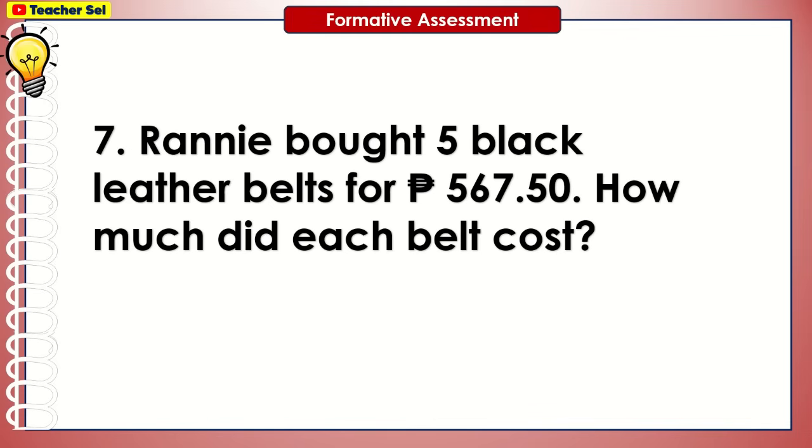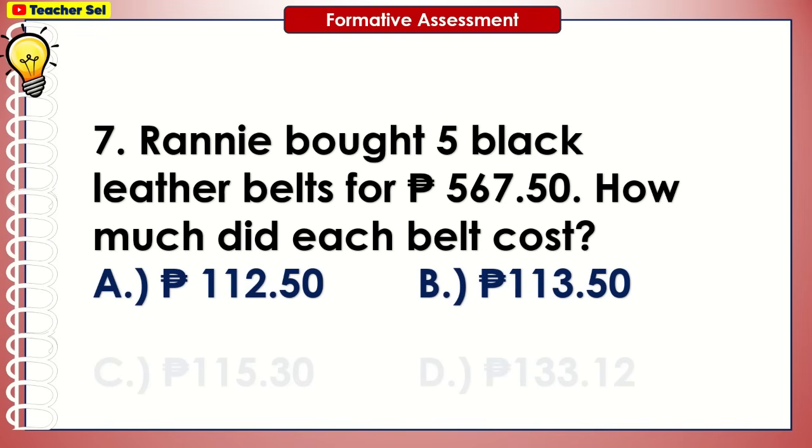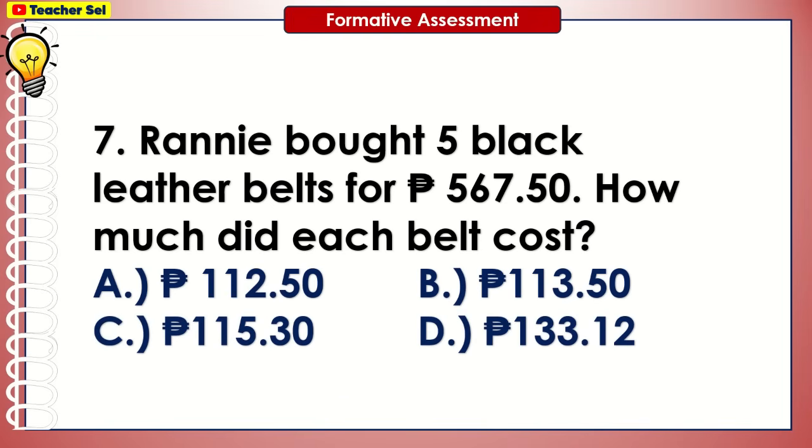Rani bought 5 black leather belts for 567 pesos and 50 centavos. How much did each belt cost? The answer is letter B, 113 pesos and 50 centavos.